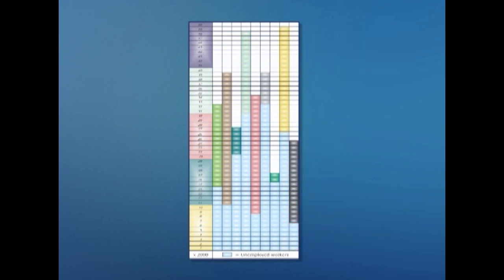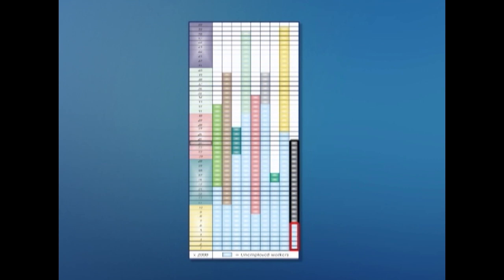How many boxes do we have of people who are employed? Let's count them. Remember, the first 6, the light blue boxes, are people who are unemployed. So let's count the other boxes. 1, 2, 3, 4, 5, 6, 7, 8, 9, 10, 11, 12, 13, 14, 15, 16, 17, 18.